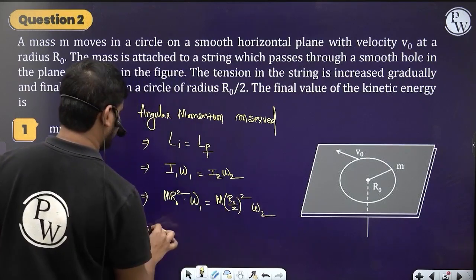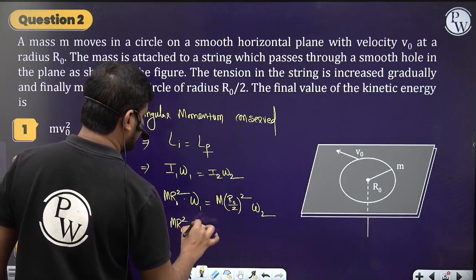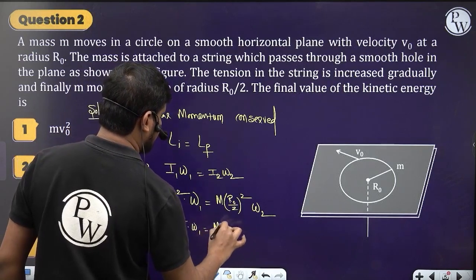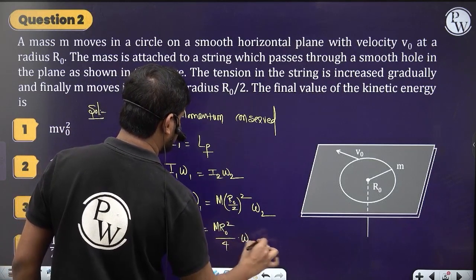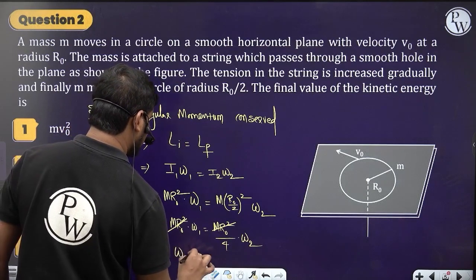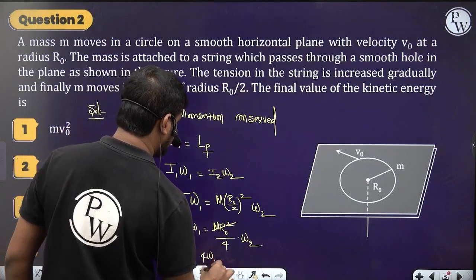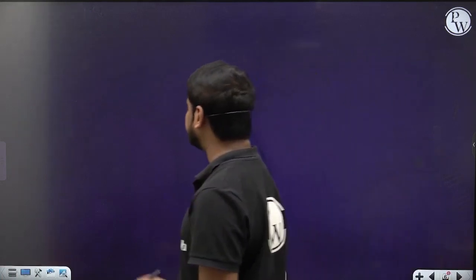So m r0 square omega 1 is equal to m r0 square by 4 into omega 2. Same concept as the previous one. m r0 square cancels, so omega 2 will be equal to 4 times omega 1. But what we need is the final kinetic energy.